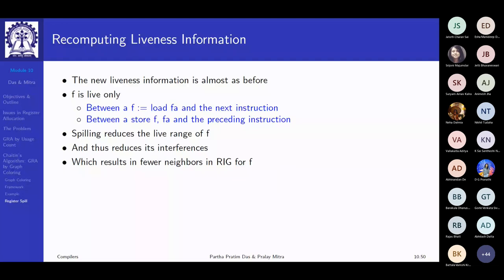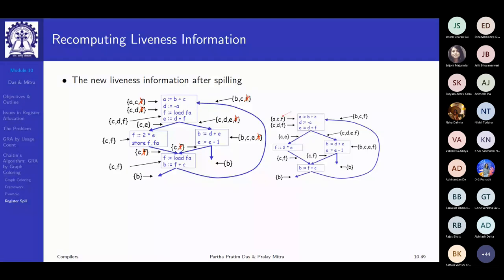If we go back to the code and see here, then we see, okay. So I would prefer to spill that variable which has less number of uses and less number of definitions. That's the heuristic, because every use will introduce a load and every definition will introduce a store, right?